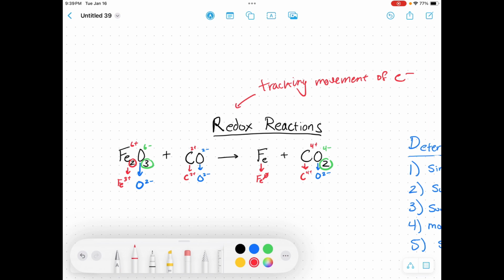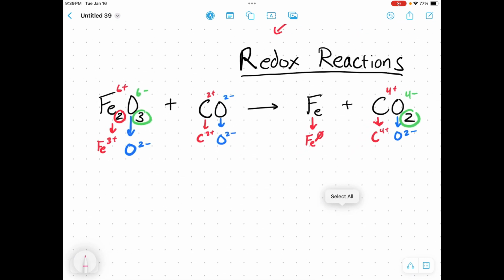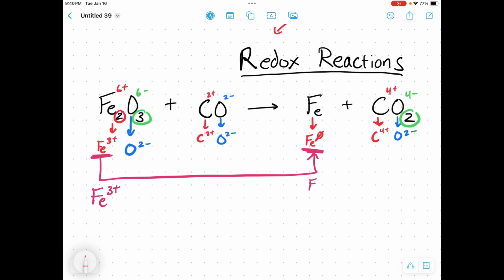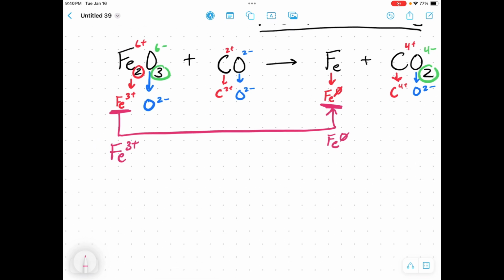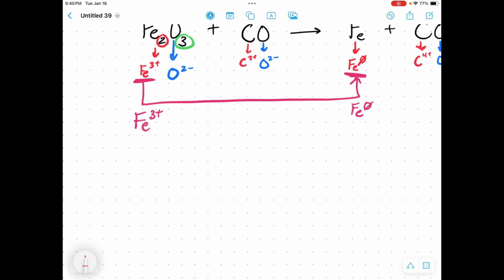Now I want to take a quick detour, and I want to track how those electrons are moving. So I want to start off with iron really quick. After it reacts, I see that iron goes from an oxidation state of +3 to an oxidation state of 0, which is kind of interesting, right? Seeing electrons changing like that. We're gaining electrons here in this reaction. So we're going to do something called half reactions.